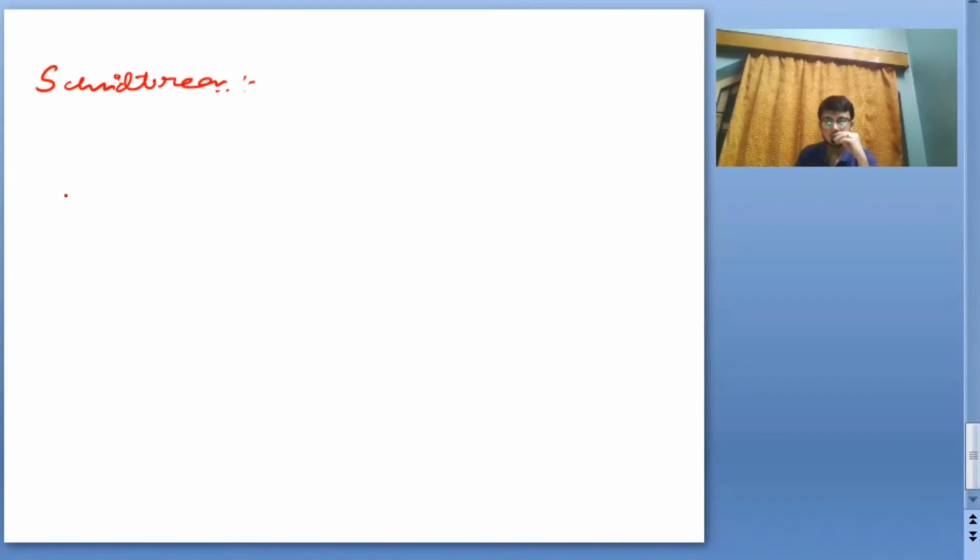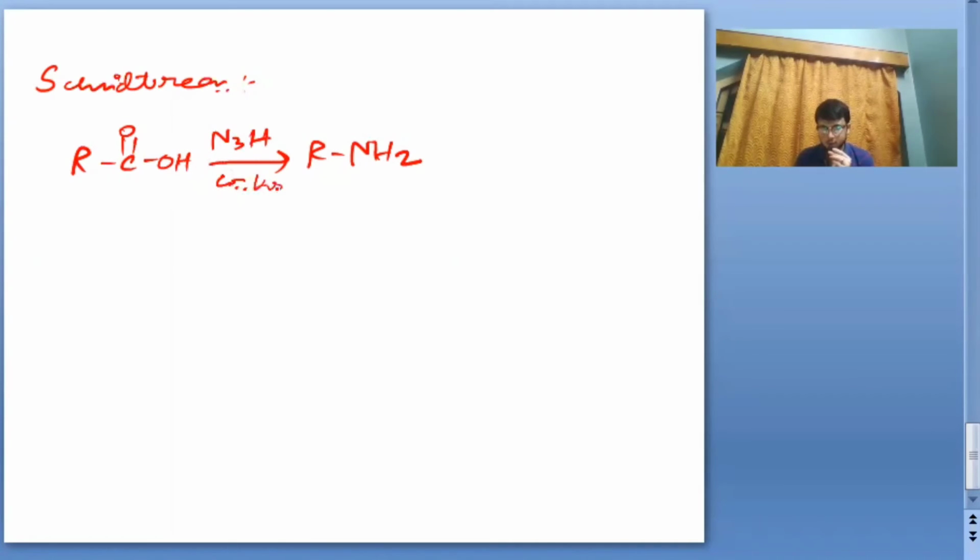So what is Schmidt reaction? Schmidt reaction is, if we want to convert carboxylic acid into alkylamine, then we use this Schmidt reaction, that is N3H, and we just give some concentrated H2SO4 and heat, and it will be converted into NH2 from the COOH group.